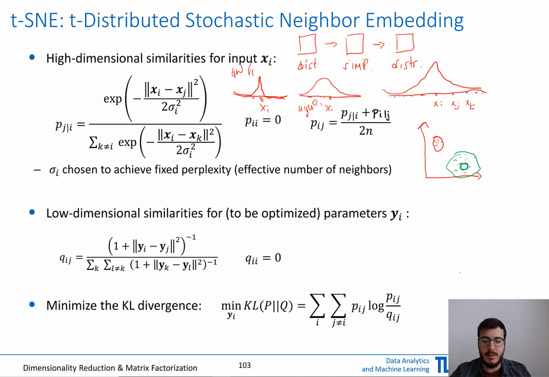Imagine that this is our data point xi, and now we have the similarity according to this Gaussian distribution to all of the other data points. And let's say these look like 1, 0, 1, 2, 3, 4, 5. What we're going to do is take this vector of similarities and divide it by the sum, which means we get a vector that sums up to 1. And this is exactly what is computed over here.